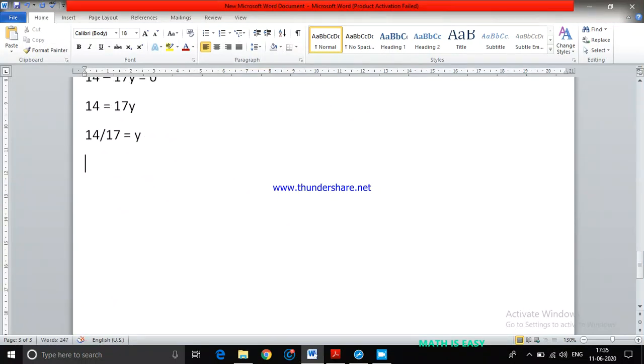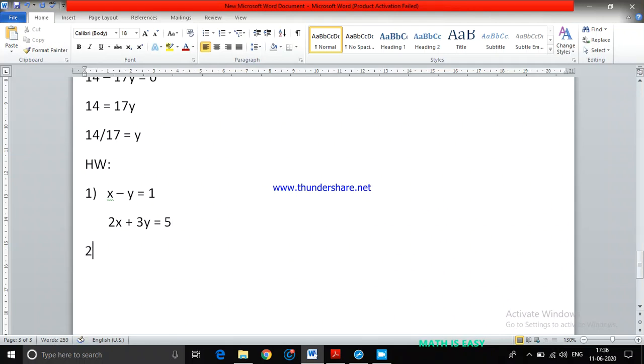Here are the homework questions where you have to solve by substitution method. x minus y equals 1. The second equation is 2x plus 3y equals 5.